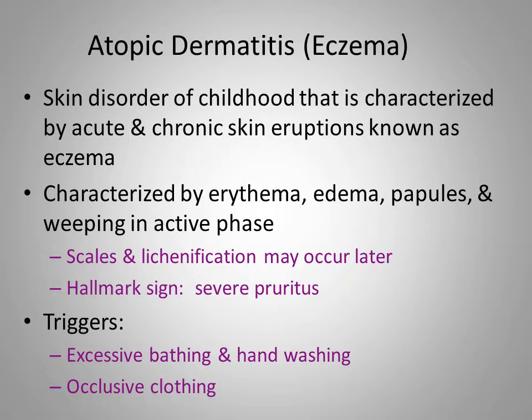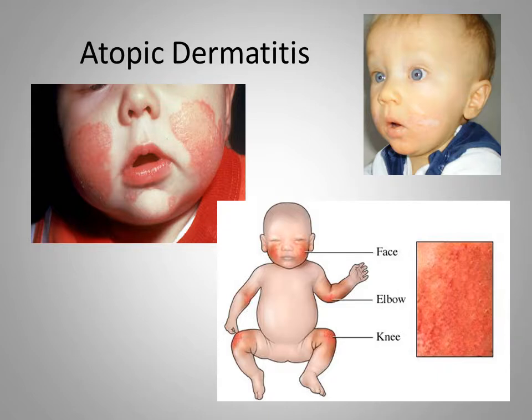So we definitely need the skin to be able to breathe, and with excessive bathing, we really need to just get the job done, get in and out, and use minimal soap when giving a child a bath.